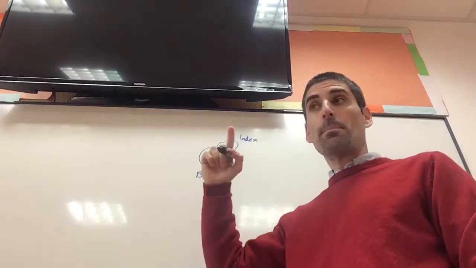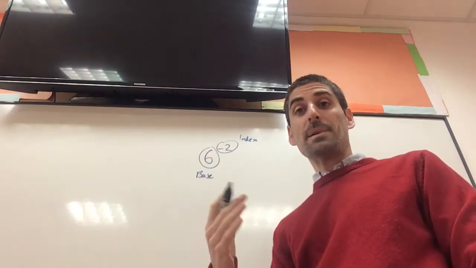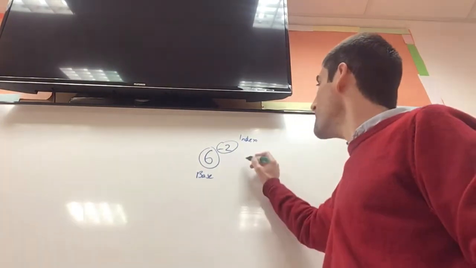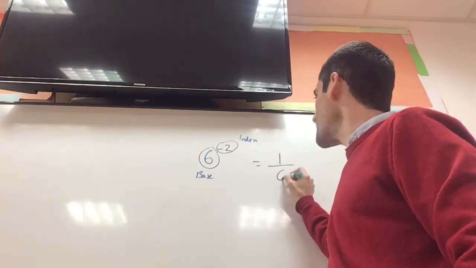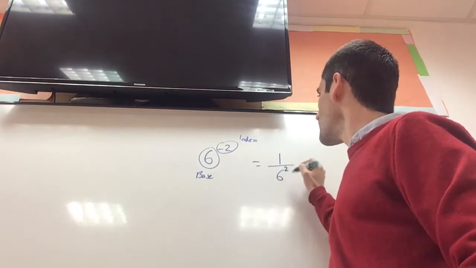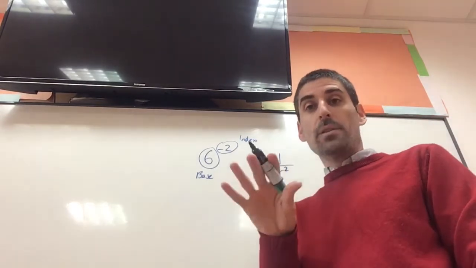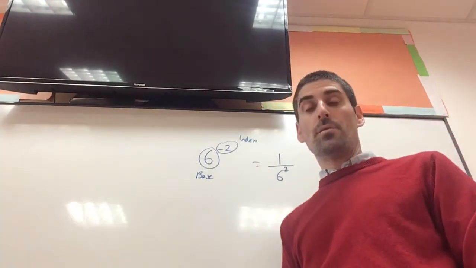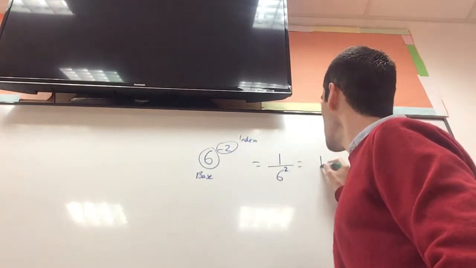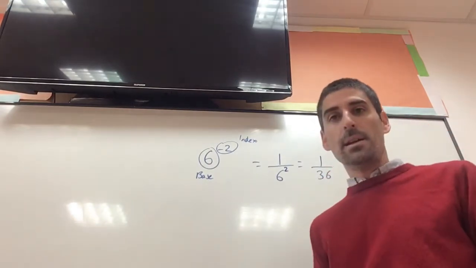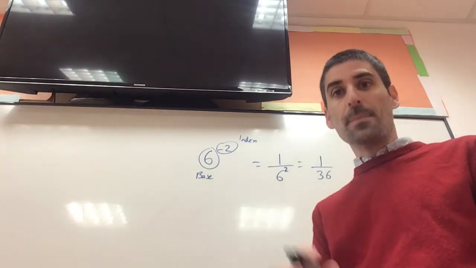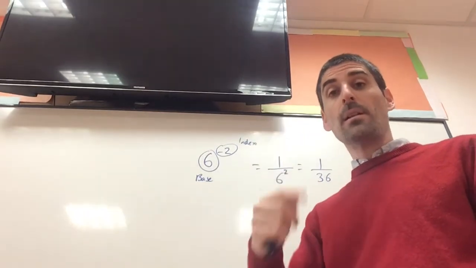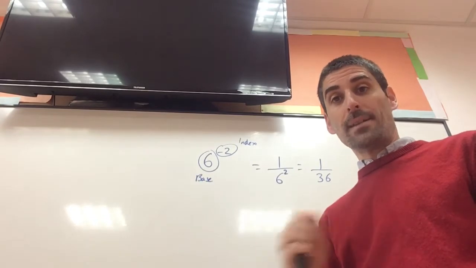So 6 to the power of negative 2 is the same as the reciprocal of 6, which is 1 over 6, to the power 2. We just ignore the negative now, because what the negative does is tell me that I need the reciprocal of 6. And therefore, my answer is 1 over 36. That's it. If you've got a negative index, you find the reciprocal of the number in the base, and that's it.